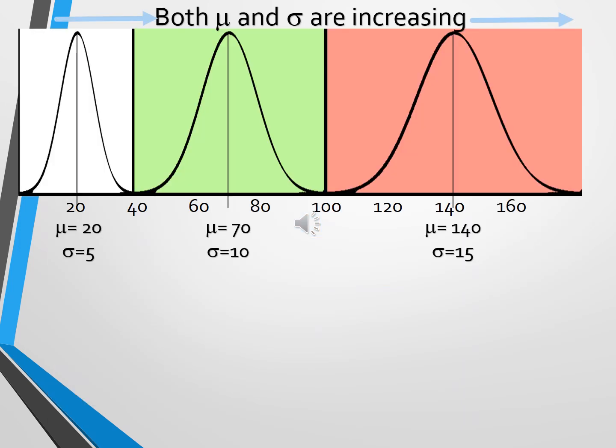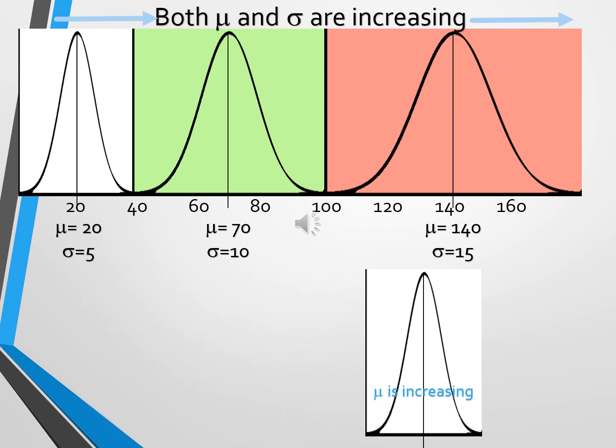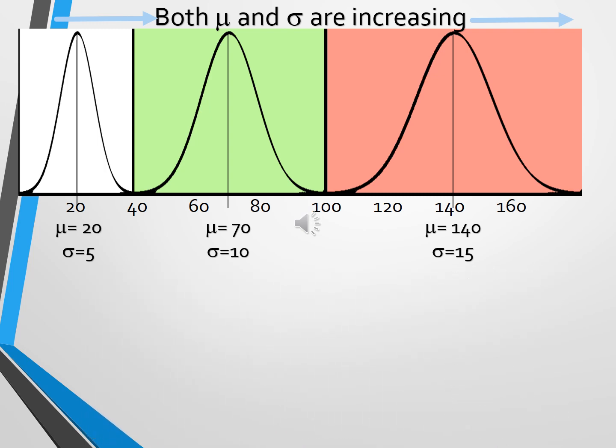If you look at the scale on the bottom of the distributions, you can see that in the top group of distributions, mu and sigma are both changing. Both are getting bigger as you move from the distribution on the left to the one on the right. Changes in mu just move the distribution to the right or to the left if the mean is getting larger or smaller.